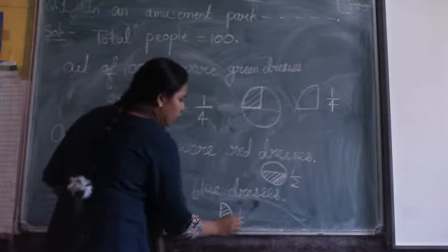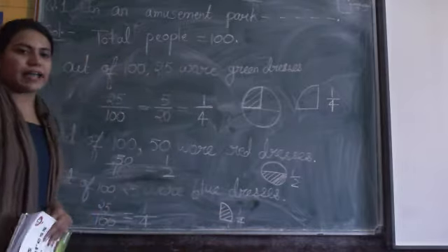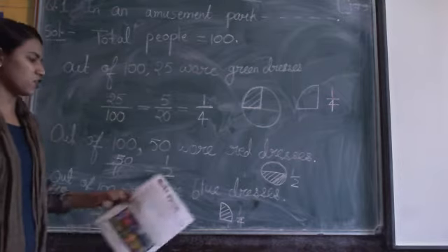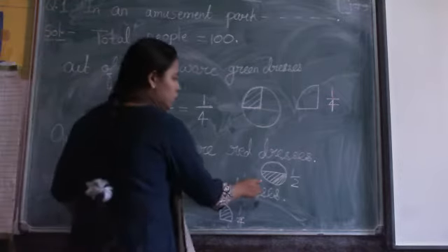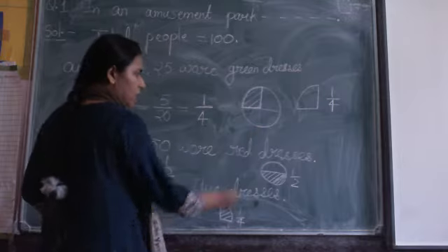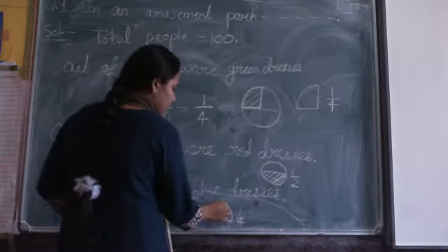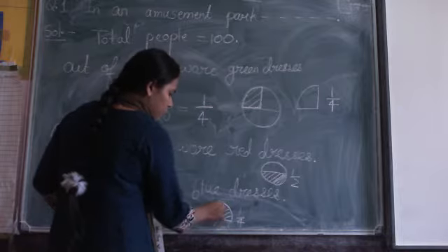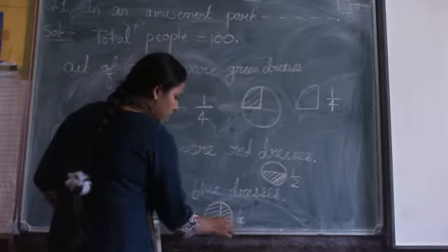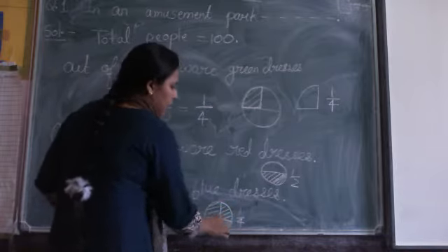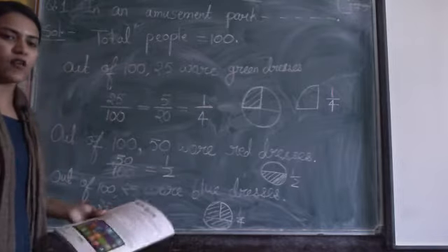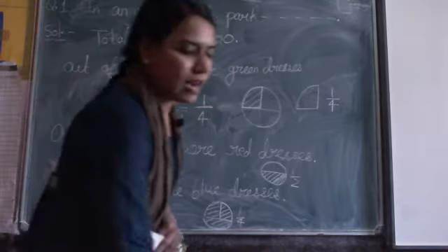This part shows 1/4, this part shows half and this part shows 1/4, and when we join all three we get 1/4, 1/4 and half. So this is how we can show it in a circle graph.